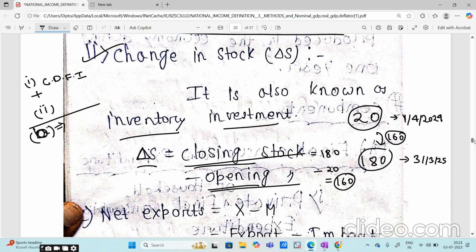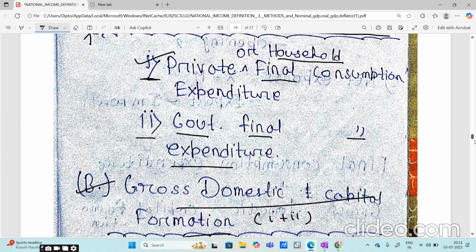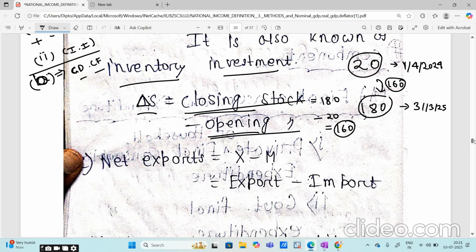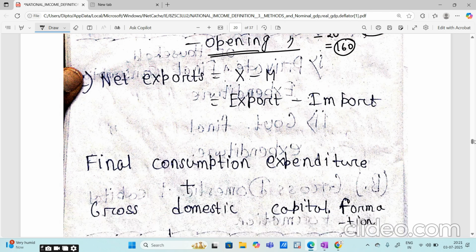The name of this part B, as you can see from here also, is gross domestic capital formation. So if you add gross domestic fixed investment with change in stock, that is inventory investment, you will get gross domestic capital formation. That is part B. And part C is net export. That is very simple. You have to take the amount of export and subtract the amount of import from it, and you will get net export.